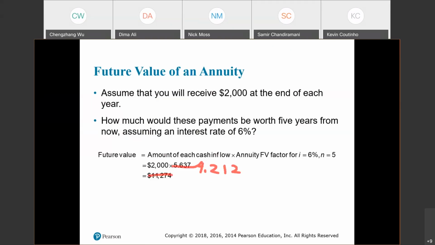And the result should be 8,424. All right, this is an example of the future value of an annuity.